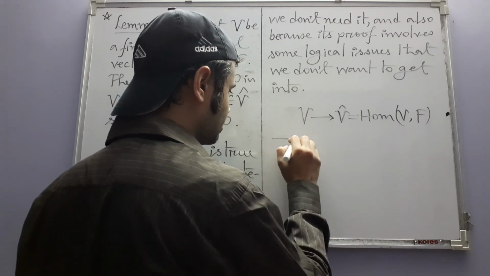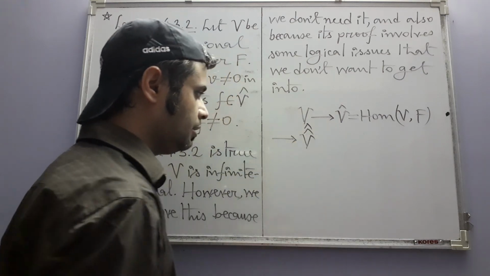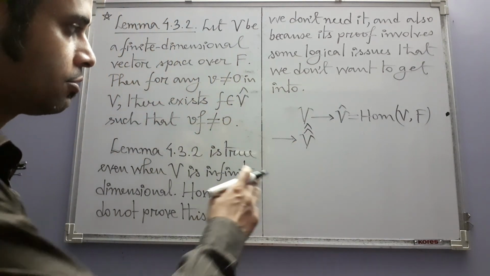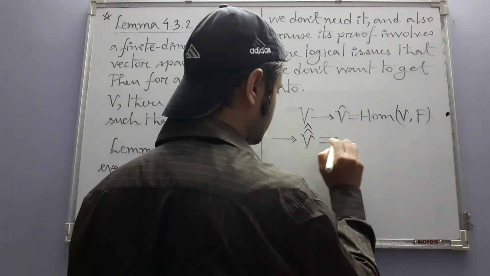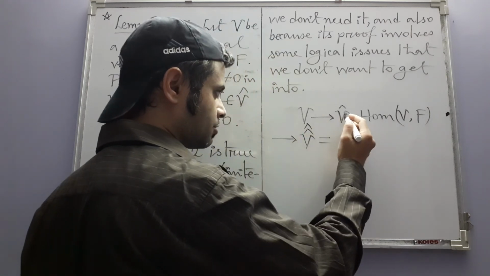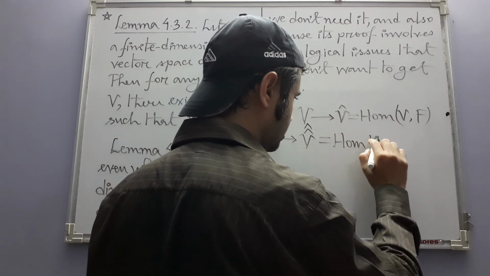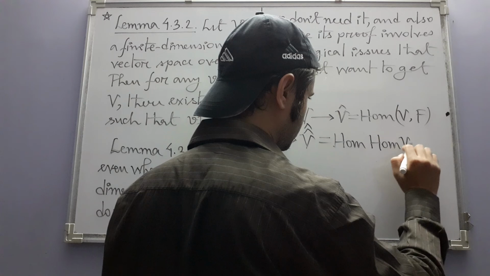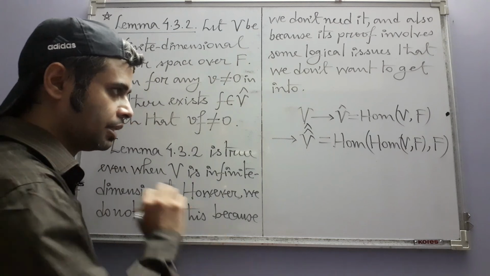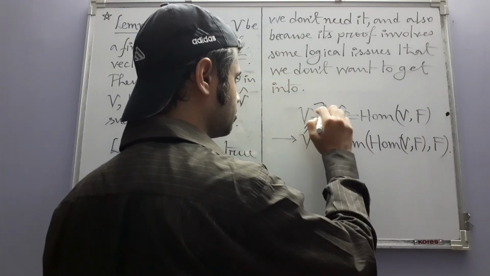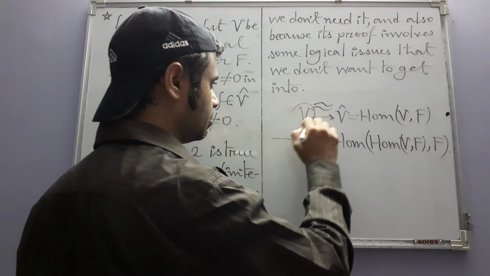Similarly, if you go one step further and consider the dual of V hat, it is called the double dual of V, the dual of the dual of V, then also there will be an isomorphism of V hat onto V double hat. Now there we mentioned that although these two are isomorphic, there is no natural nice isomorphism between these two.